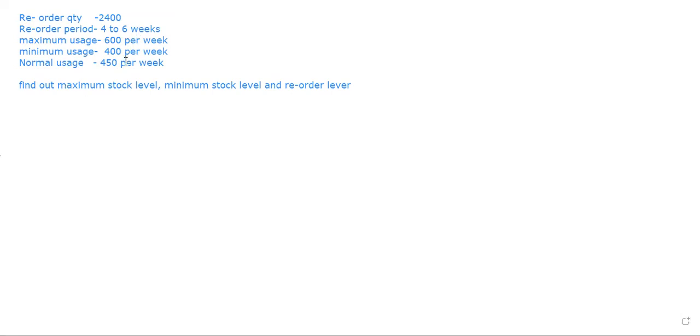Before I go to the maximum stock level and minimum stock level, we first need the reorder level, because only when we find the reorder level can the maximum and the minimum be solved. That's why in my solution I'm starting with the reorder level. So this is my solution.